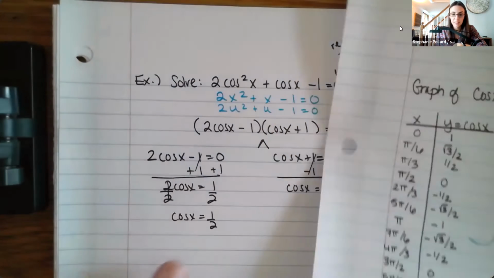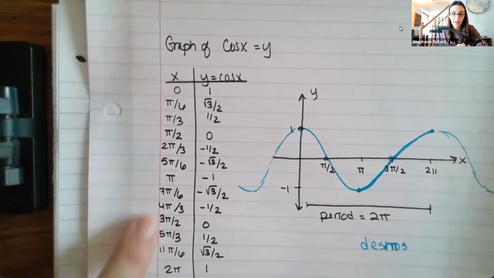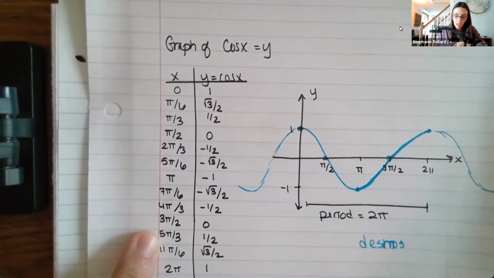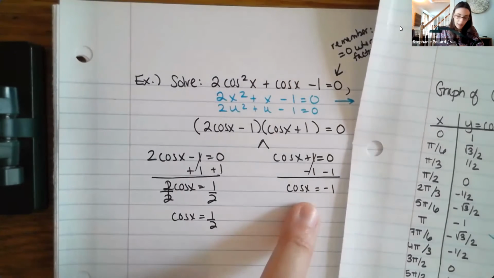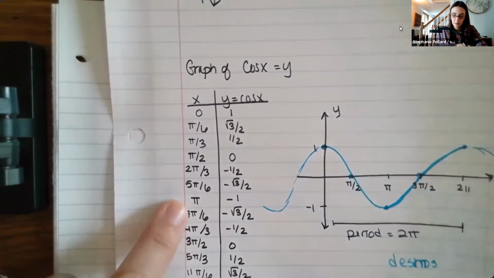And what we're looking for first is 1/2. So I can see that we get 1/2 at pi over 3, and then also at 5 pi over 3. And then for the other one, we're looking at -1, and that occurs at just pi.